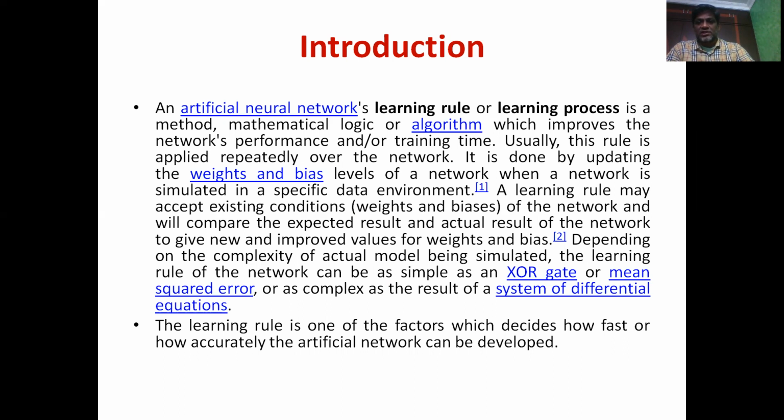That process is called training or learning. And the learning rules decide how fast or how accurately the artificial neural network can be developed. Overall, the purpose of a learning algorithm or learning rule is to help the neural networks in the training process.